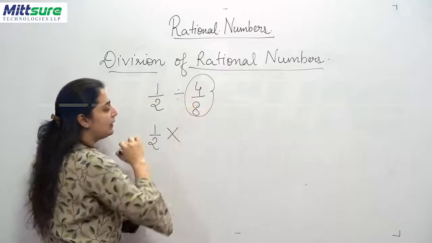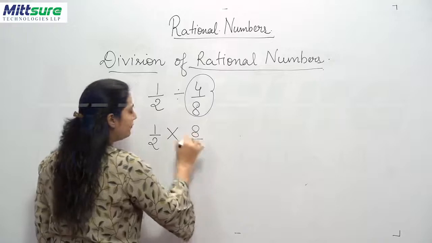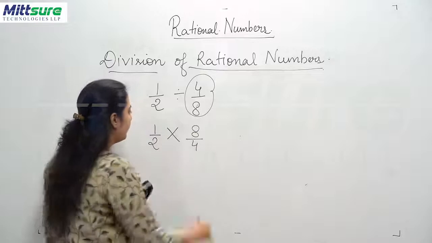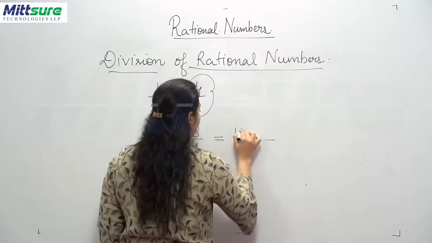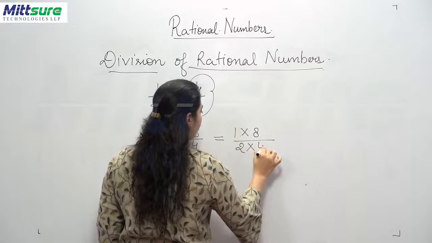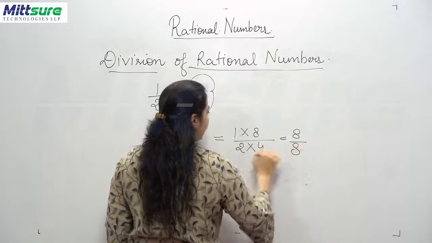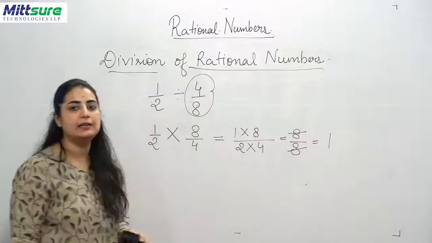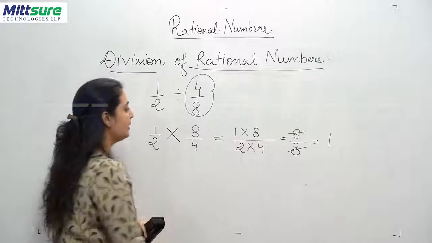Then we write the multiplicative inverse of 4 upon 8, which gives us 8 upon 4. Clear? Now 1 upon 2 multiplied by 8 upon 4, we do the usual multiplication: 1 multiplied by 8 upon 2 multiplied by 4, that is 8 upon 8, which gives you 1. 8 got cancelled by 8 and the result is 1. So the quotient of the division of these two rational numbers is 1.